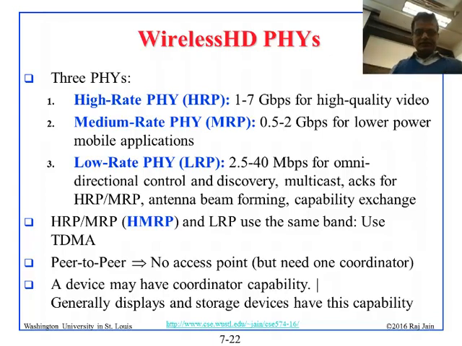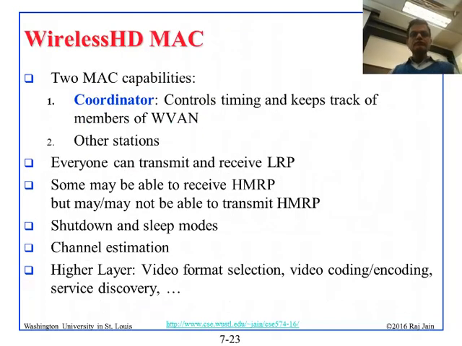They will not notice it. So the MAC has basically the coordinator function as we saw in 11AD. And everyone can transmit and receive LRP, but some stations may do HMRP. So this is minimum required, and everyone should be able to do low rate.